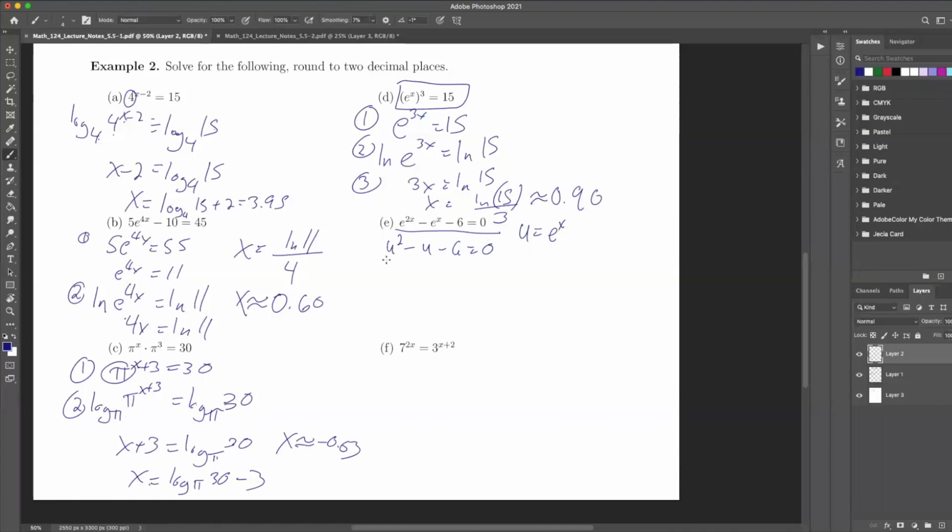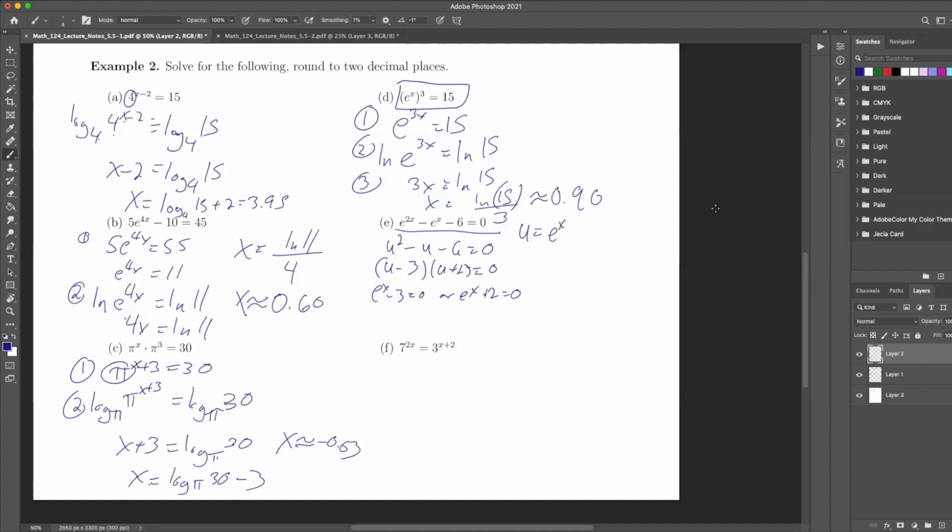You factor that, you get u minus 3, u plus 2, equal to 0. And that means either, and then you just plug it back in, either e to the x minus 3 equal to 0, or e to the x plus 2 equal to 0.